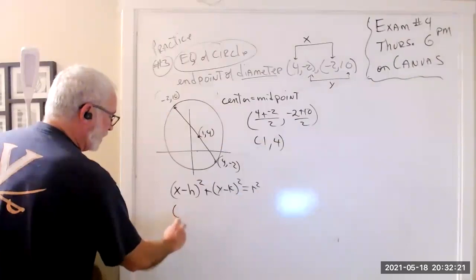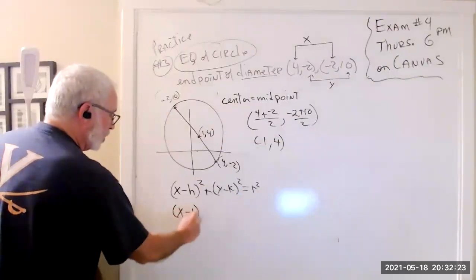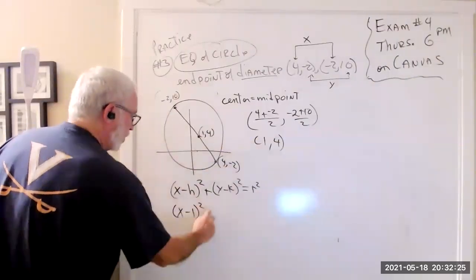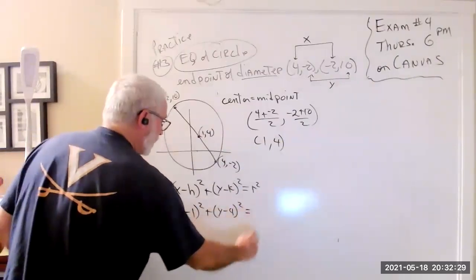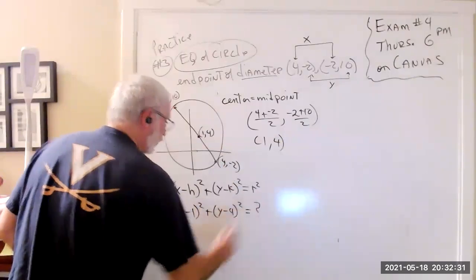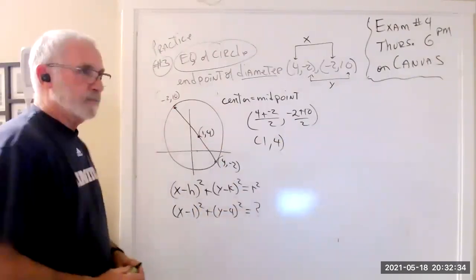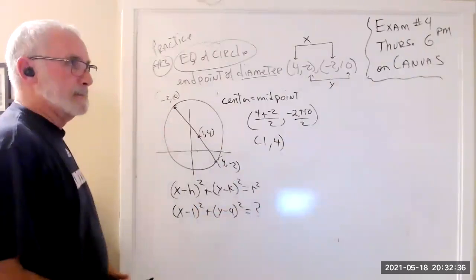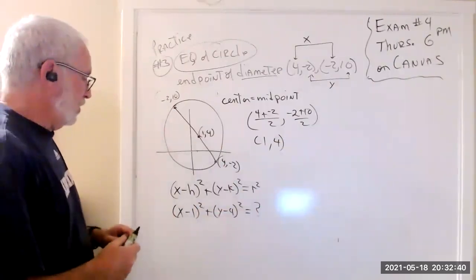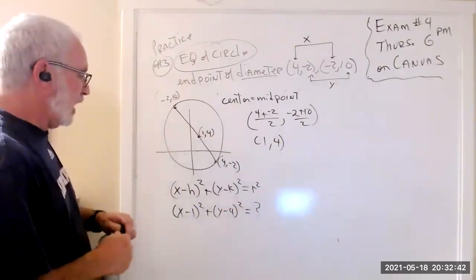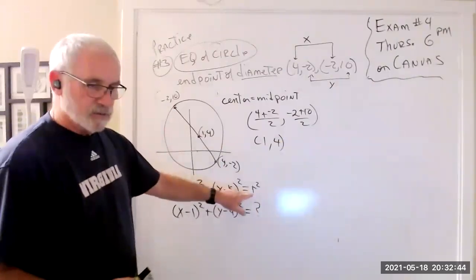So I'm down to here: (x minus 1) squared plus (y minus 4) squared equals something. Now, to finish off this, all I have to do is figure out what the radius is.